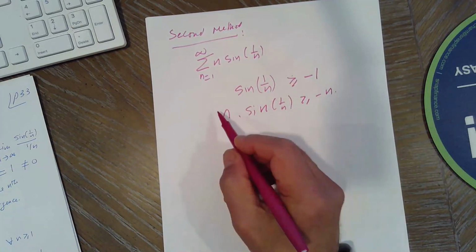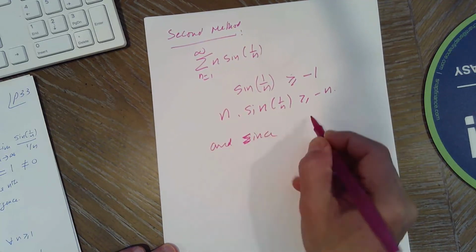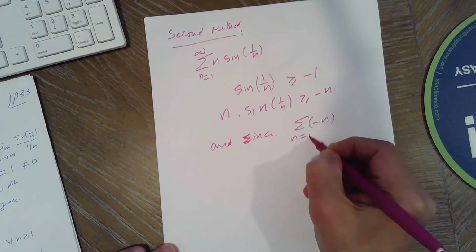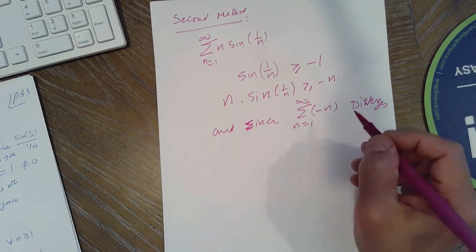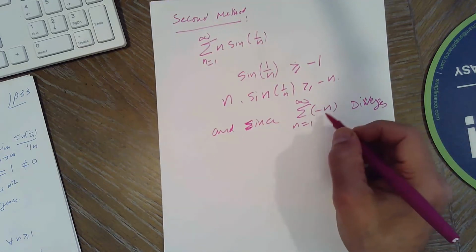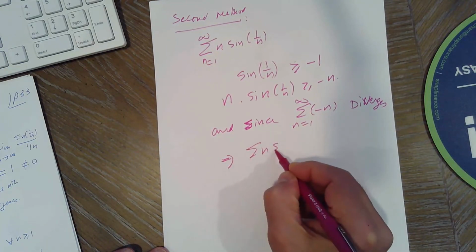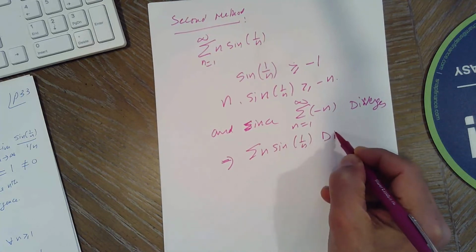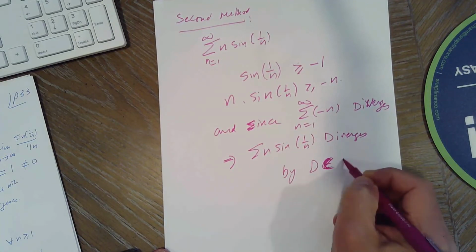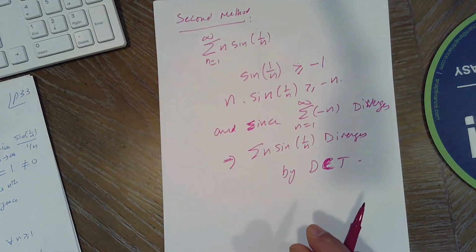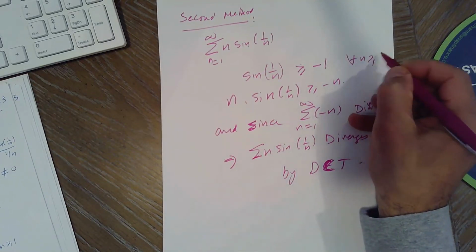Since the sum of negative n diverges, you can easily see that, right? The nth term test says it diverges. That means the sum of n sine 1 over n diverges as well by the direct comparison test. This is true for all n greater or equal to 1.